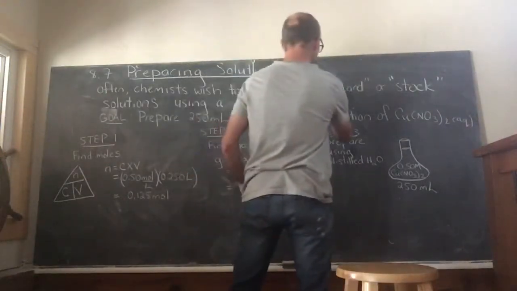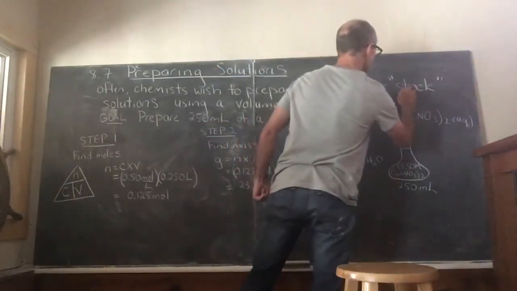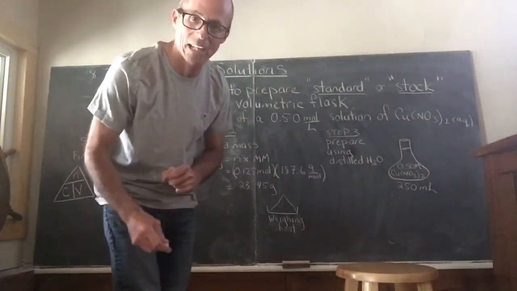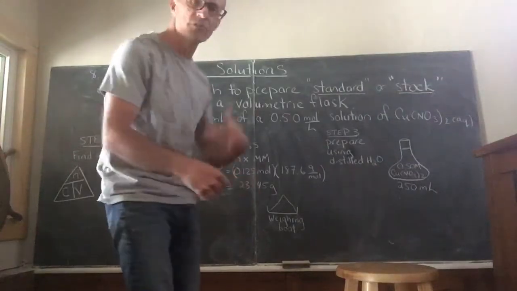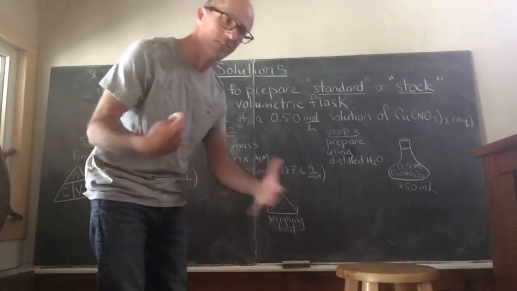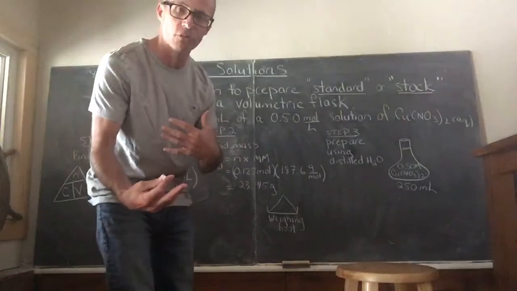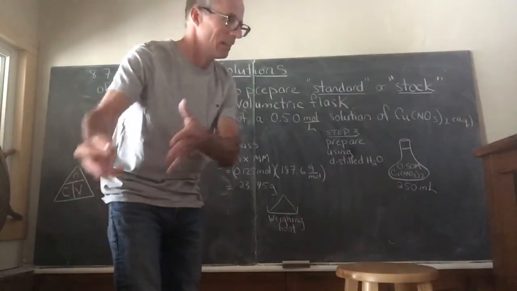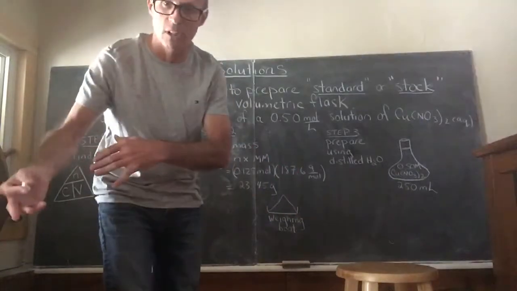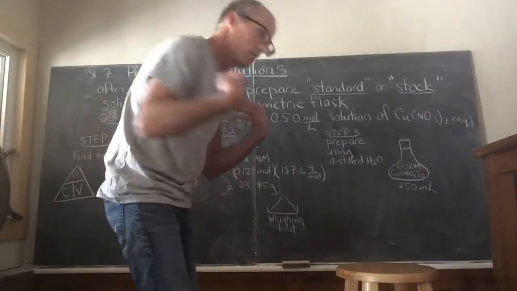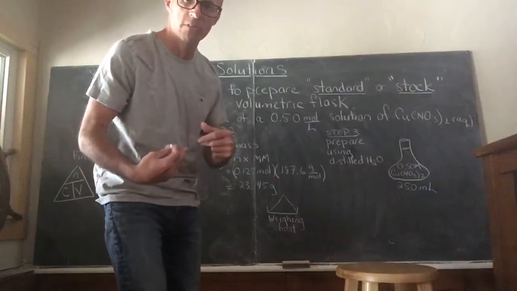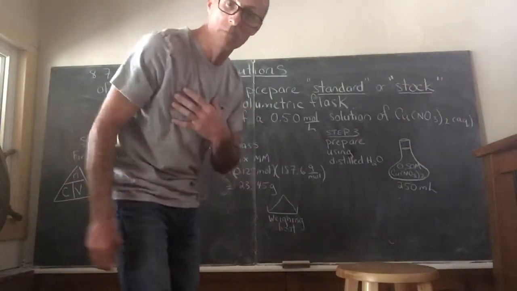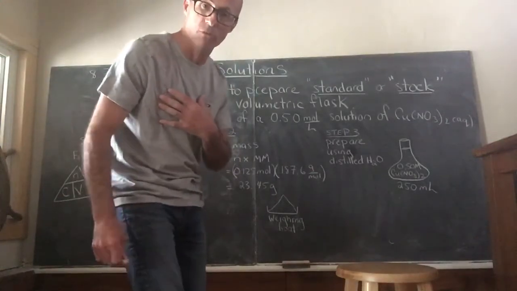We refer to those solutions as either standard solutions, which means they're very accurately produced, or stock solutions. And they're usually a little more concentrated than the solutions that one may need in a chemistry class or a biology class. And so when we run out of stock solutions, I'm normally the guy that makes them up. Or maybe you would be in my grade 11 or 12 chemistry class.